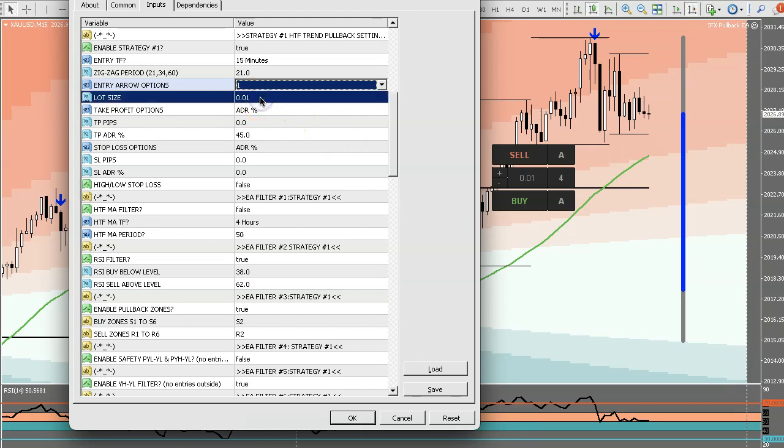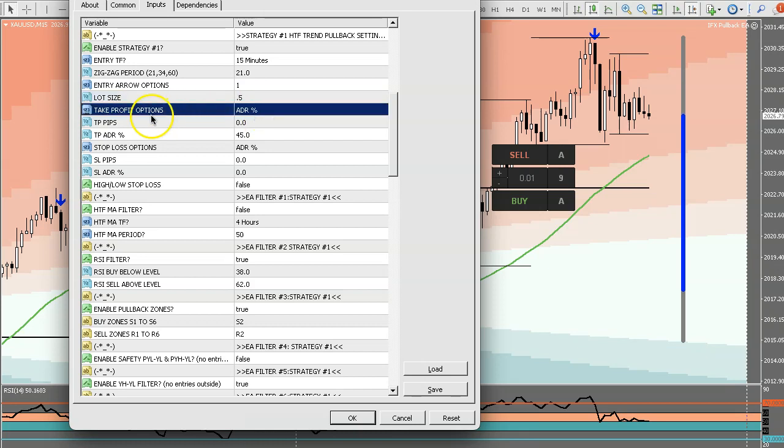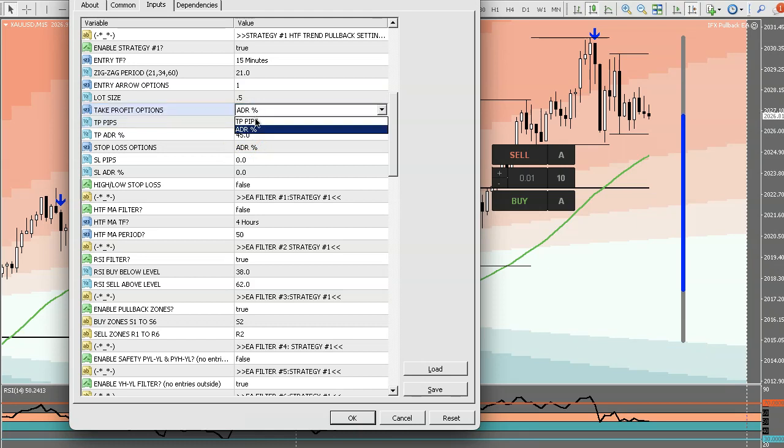If you want the EA to enter on a specific lot size automatically, you can change that in here. Now, take profits, I have it as ADR, the average daily range. Each pair has its own average daily range. You can do that as a percentage, or you can change it here as a TP in pips, say a fixed 25 pips, and that's it.